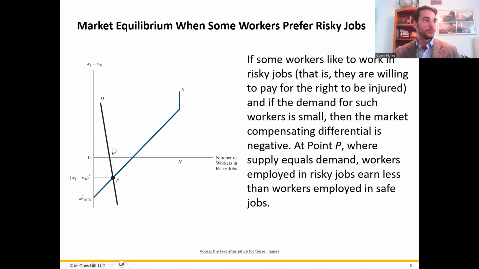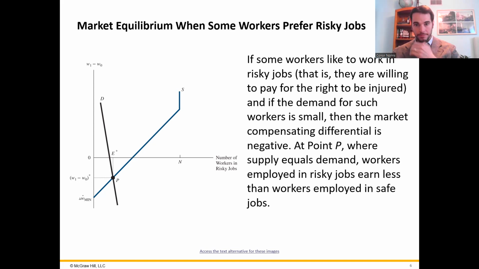So E star here represents the number of workers in the risky jobs in equilibrium. And where it crosses at point P, trace it over here, and that is the negative compensating differential. So the difference between the safe job and the risky job in salary is actually negative, that is, lower wages for the riskier job.